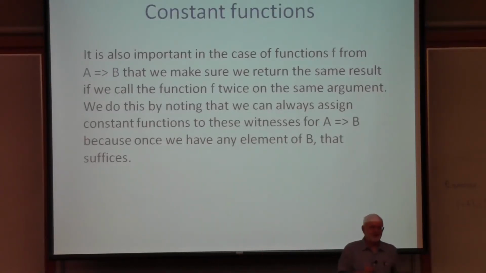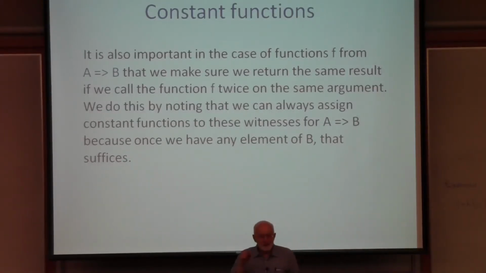Again, this started to drive us a little bonkers, but we realized you can do something really simple here. You can build a model where all the realizers for A implies B are constant functions. All they do is pick some element of B, and that's all they use. So that's another insight, and this is, again, uniformity.